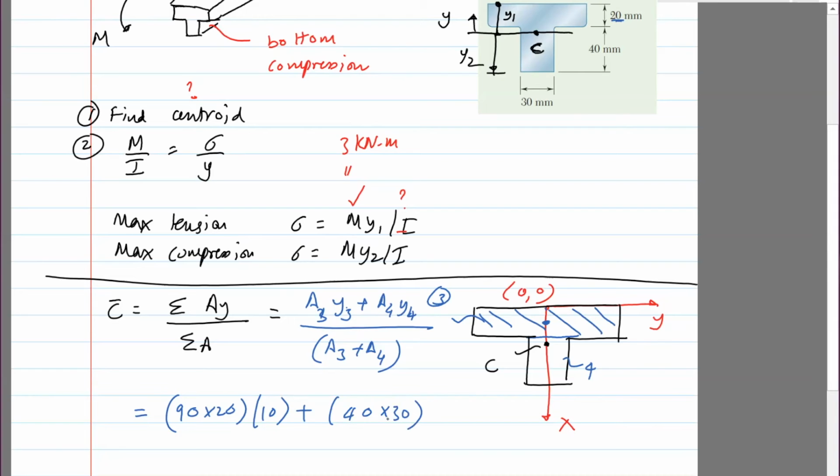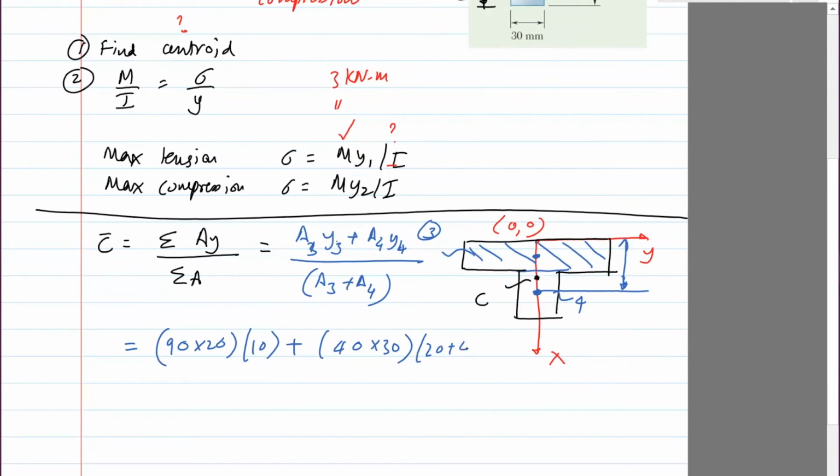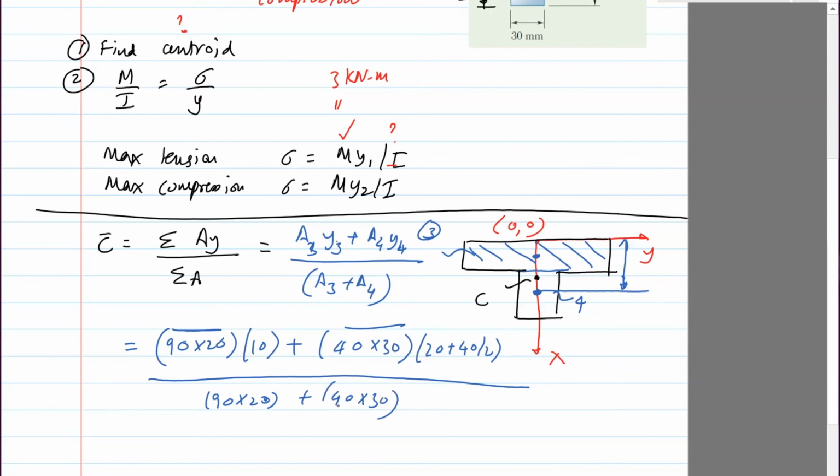And its center from the origin, always from the origin, is this height. That's going to be 20 plus, I believe, 40 divided by 2. So that's my numerator. The denominator is going to be 90 times 20, noting that this is the area, and then the other one is 40 times 30.